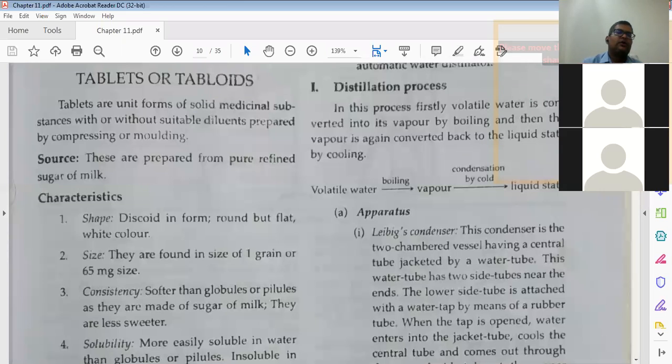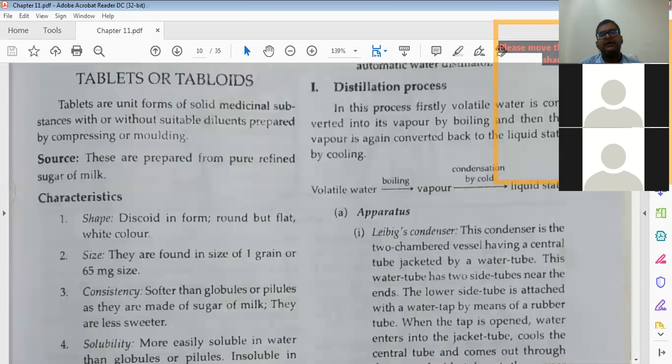So this is all about solid vehicles. In solid vehicles we learned the definition, the preparation of sugar of milk, and the preparation of others, like grape sugar and sugar cane.